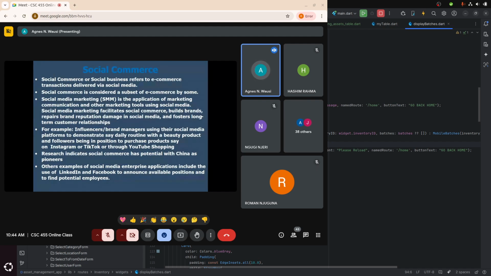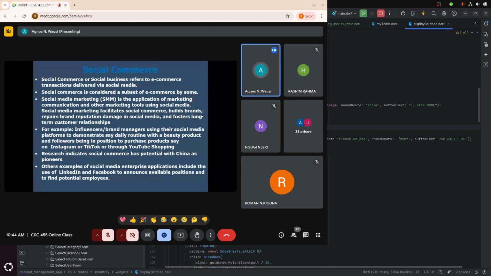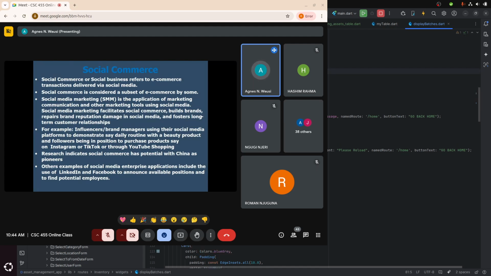And so, like the examples given of the influencers or brand managers who are able to demonstrate things of interest to the people who follow them.